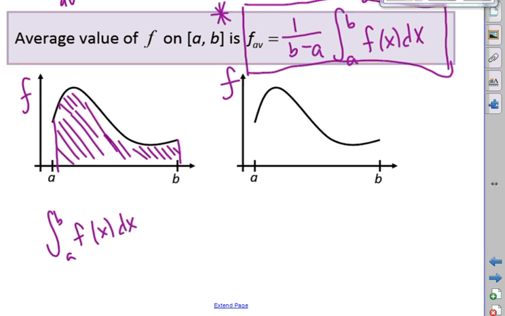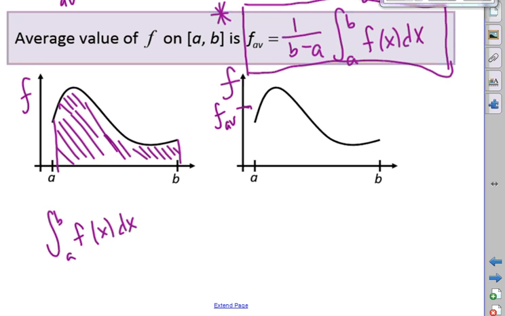Now what the average value states is the average value of f. So let's say that average value is here. So f of x is a y value. So let's say that this average value of f is a y value somewhere on my curve.